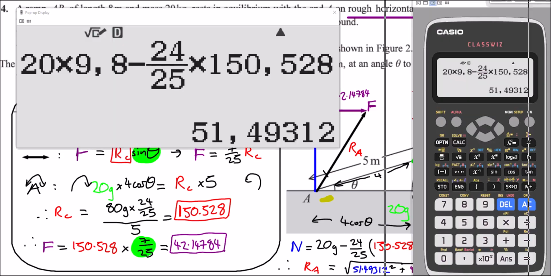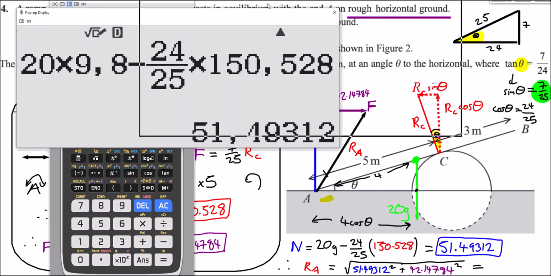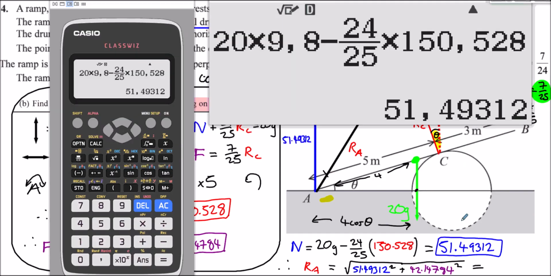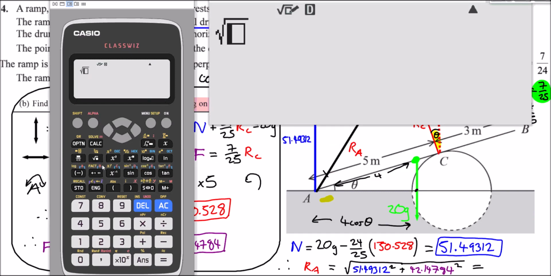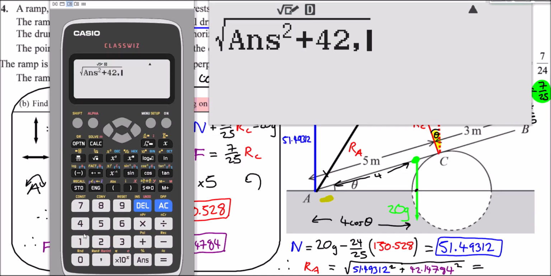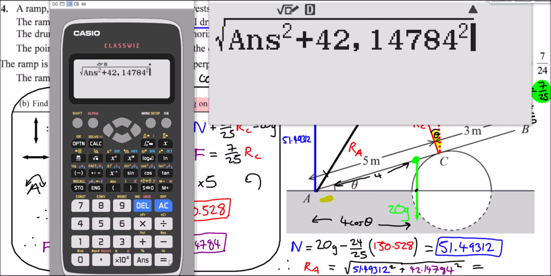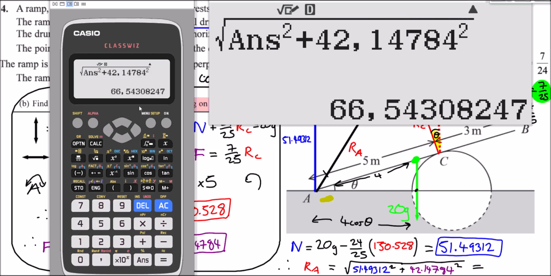So if I move this over here, 51.49312, I've already got N, so I'll keep this as my answer. So that one, answer squared, and then just add on this one, 42.14784 all squared. Press equals, and then round suitably, we'll get 66.5 newtons.